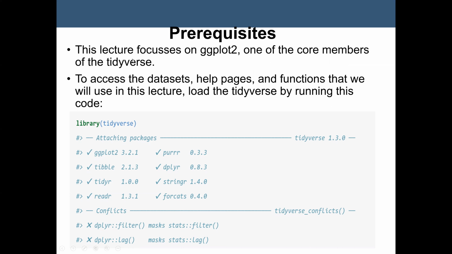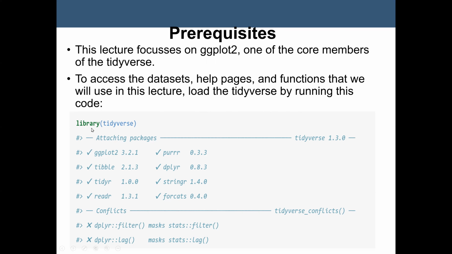In order to access the data set, we need to install the Tidyverse. If the Tidyverse is installed already, then what we need to do is load it. To access the data set, help pages and functions that we use in this lecture, load the Tidyverse by running this code.